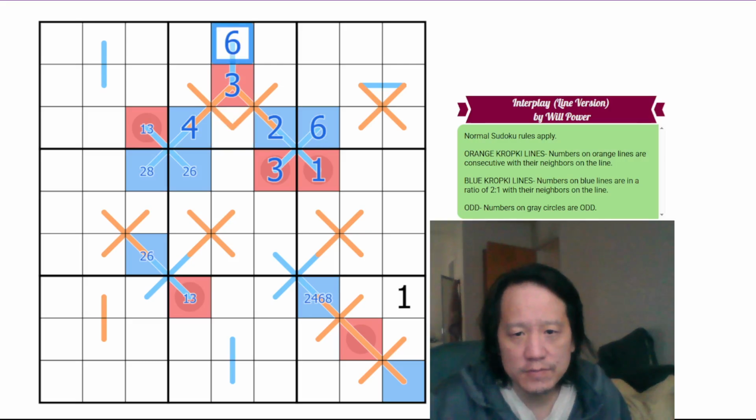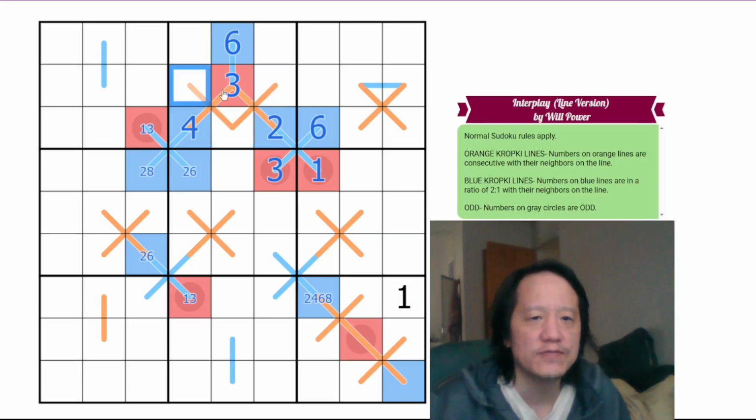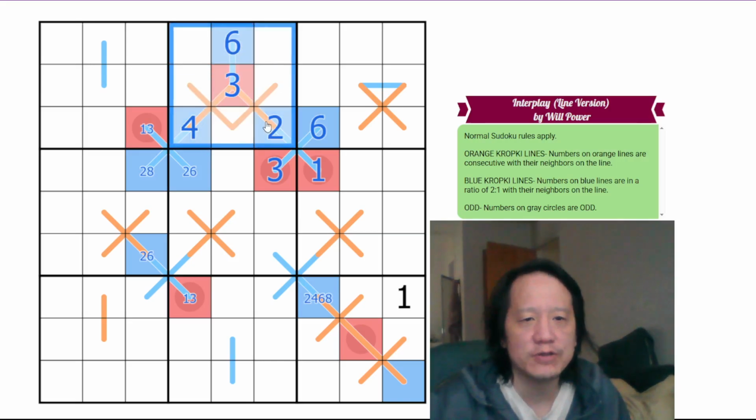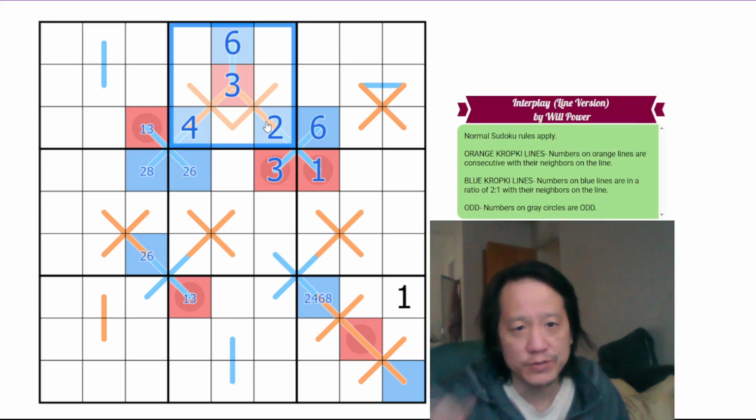This is even. Therefore, in this upper central box, we have one digit that's consecutive with 2 other digits. If it were odd, that would force both of these to be even, but then we'd have 5 evens in this box, and we'd only have 4 possible evens, 2, 4, 6, and 8, from the digits 1 through 9.